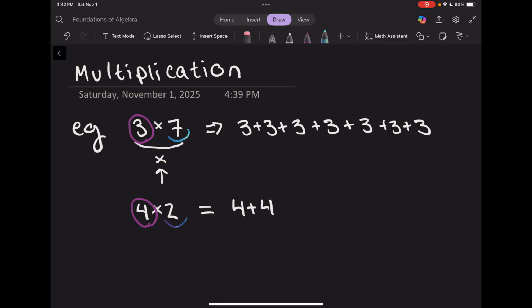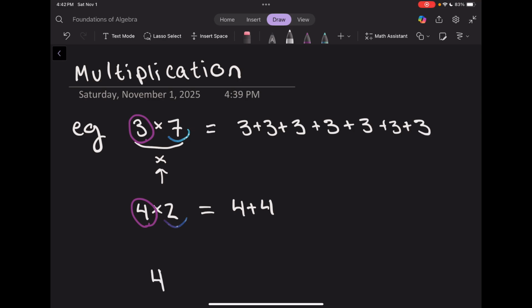So this is a really awesome pattern when it comes to multiplication. It's really just addition, but you're adding the same number multiple times. And there's another idea that comes after this, and that is called exponents.